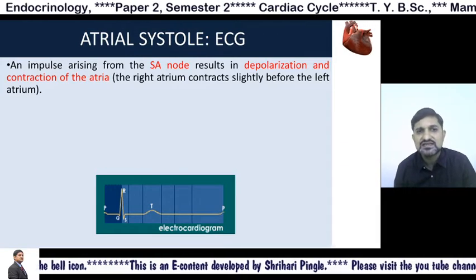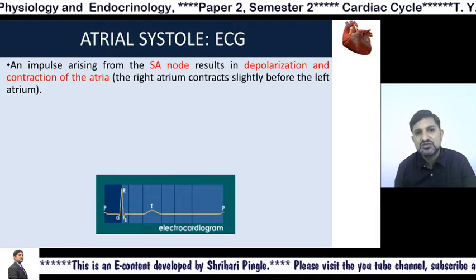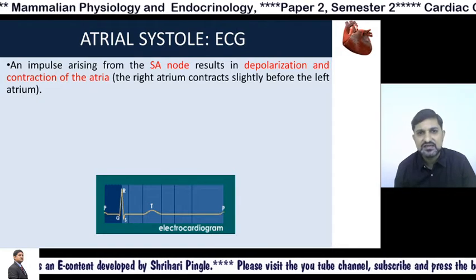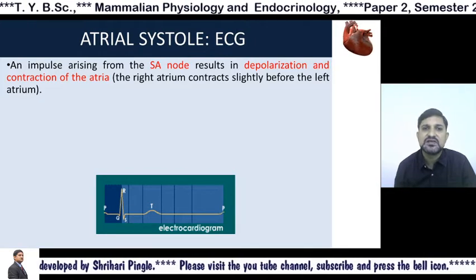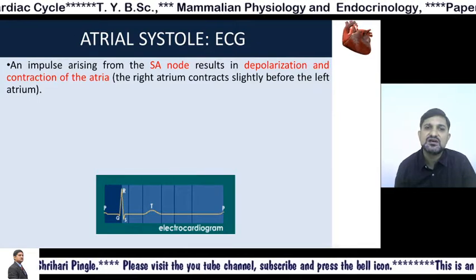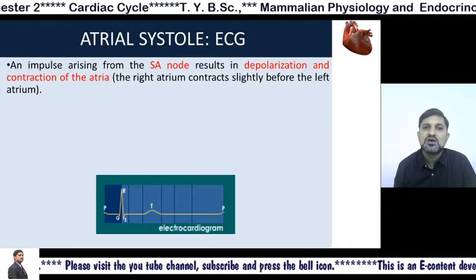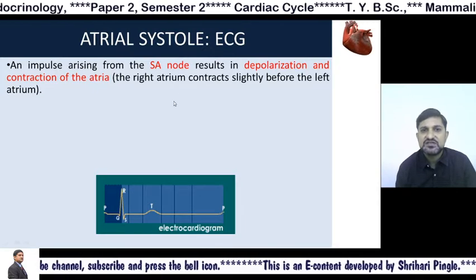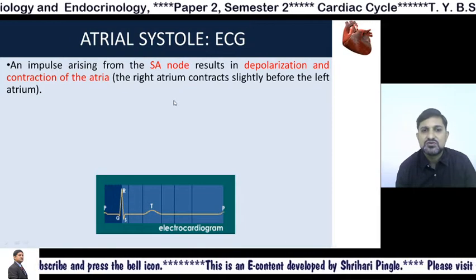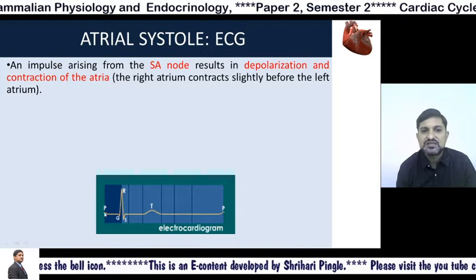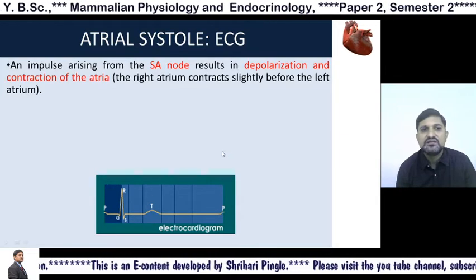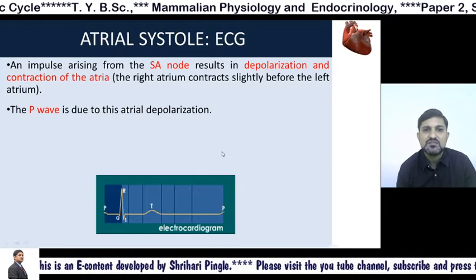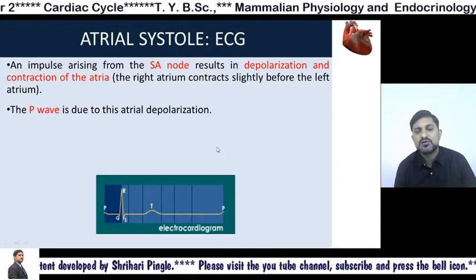How do auricles get the impulse that they need to contract? This impulse is received from the SA node, which is present in the right wall of the auricle. Once received, the auricles begin to contract, and this can be seen in the form of a P wave here. And this is because of depolarization.